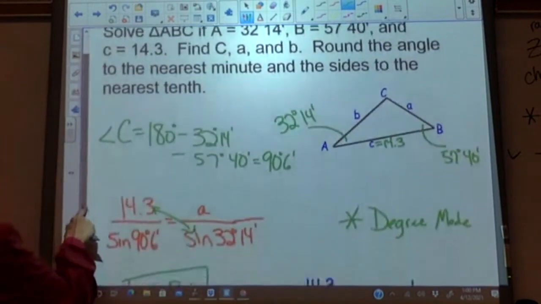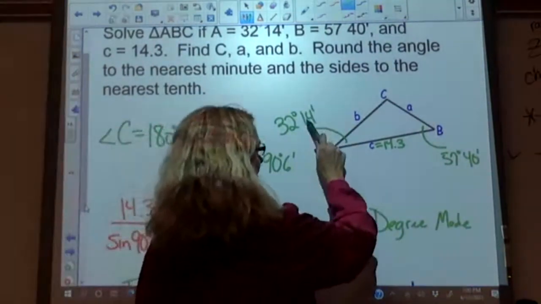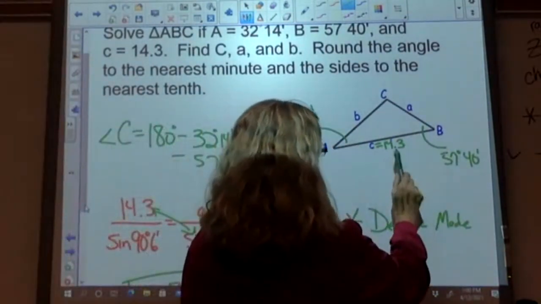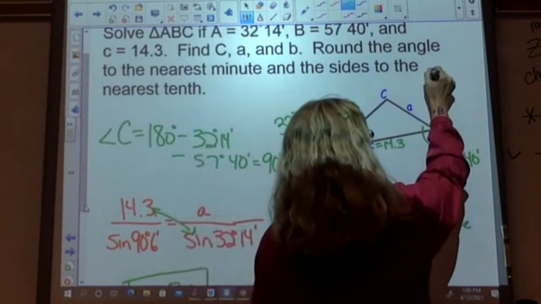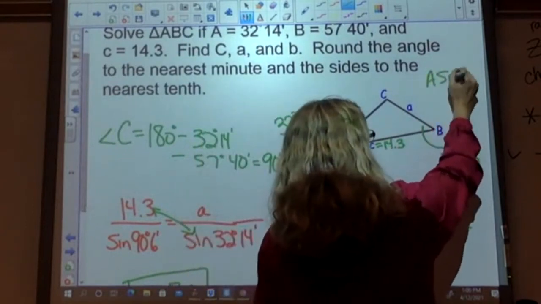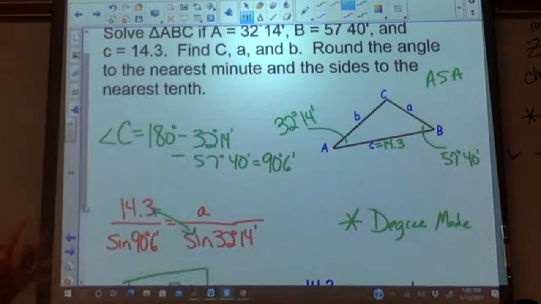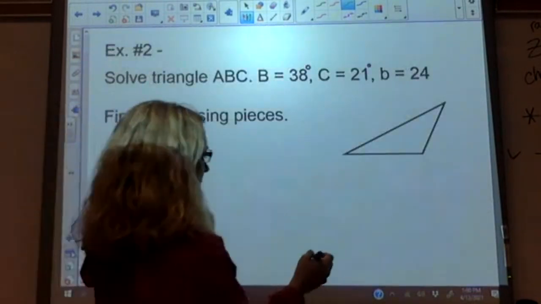All right, so in this problem, they gave us these two angles and this side. So this is really angle, side, angle, and that's one of the situations that uses law of sines.